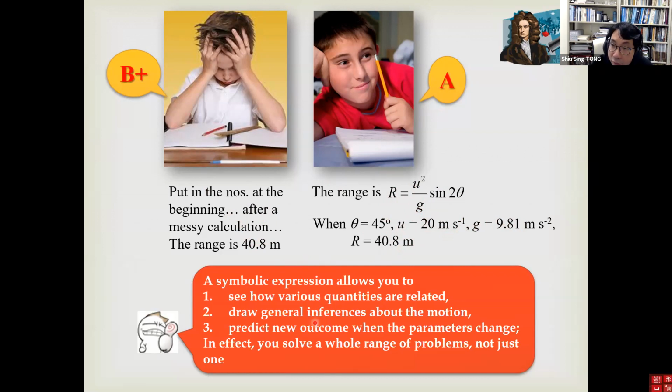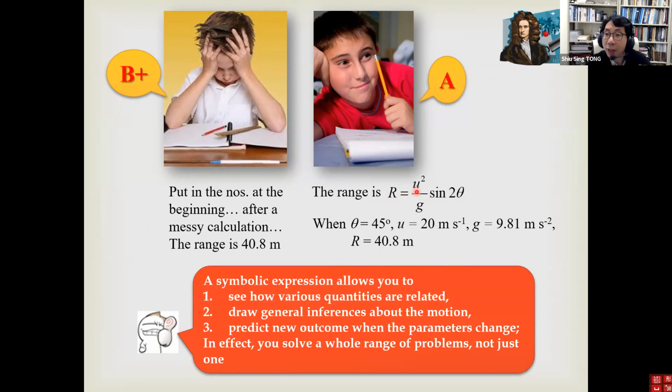Now, what is the advantage of doing a symbolic calculation? As I say, it gives you an insight of how various physical quantities are related. Okay, so if somebody asks you, what will happen if you increase the speed of projection? If you double the speed of projection, what would be the change in R?